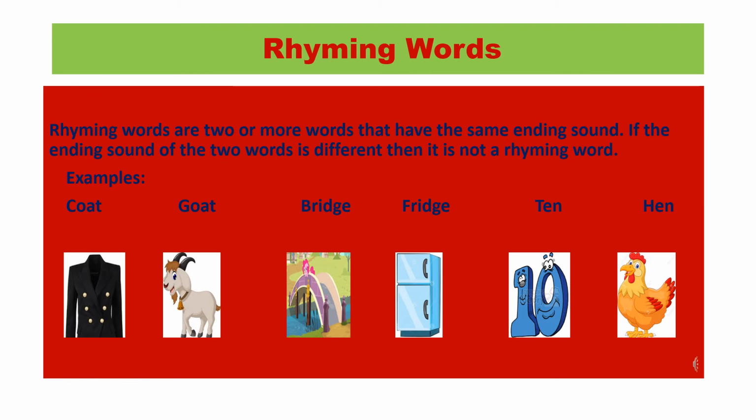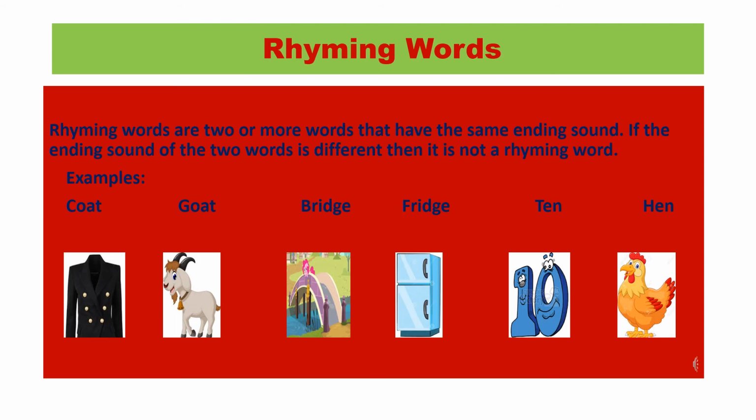Rhyming words are two or more words that have the same ending sound. Same ending sound, I will just explain to you with the examples given at the bottom. If the ending sound of the two words is different, then it is not a rhyming word. Children, it means that when you write a word, like for example, I have given coat, and next to coat, I have given goat.